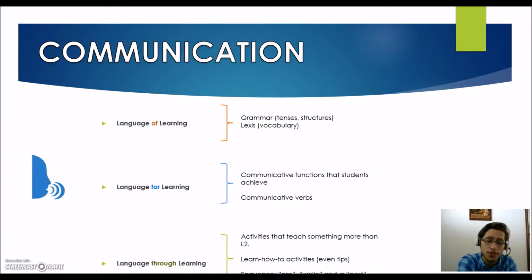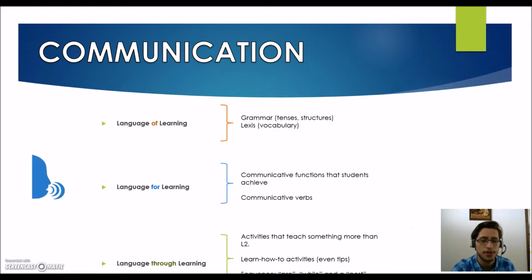Okay, in language through learning we also include the learn how to activities, those tips that help us improve learning, those sequenced activities in which you lead the student to achieve, to make something. So these language through learning activities are activities that go beyond language. It's not only about English, it's also about learning something else.